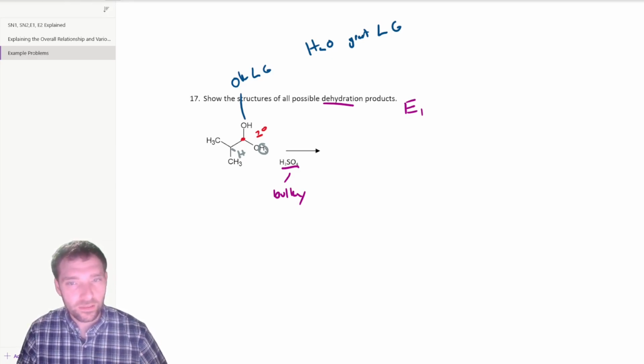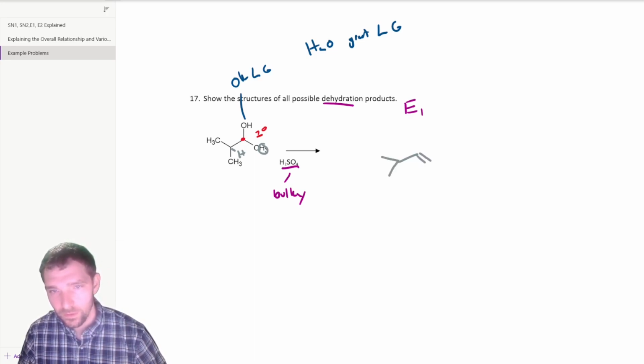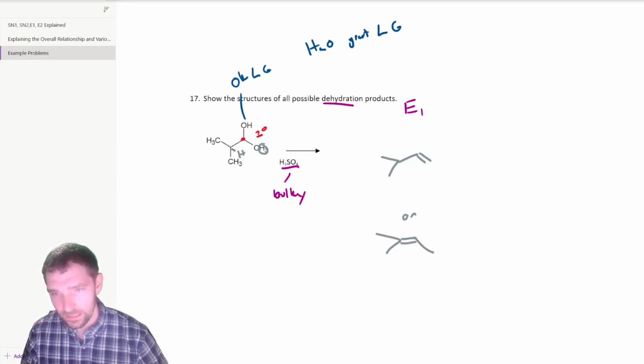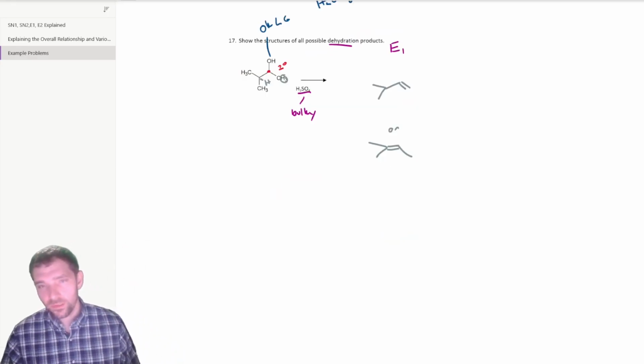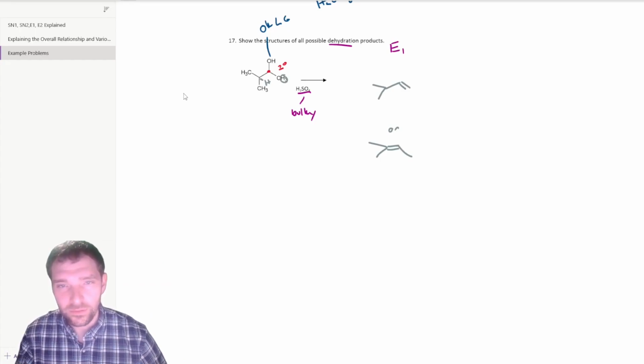And so you can think of it as one of the products being the double bond there, or you could think of it as ultimately the double bond here, depending on which hydrogen this ends up. So if we look at this molecule, we know that it's got a really good leaving group, indicating that it's going to be E1.